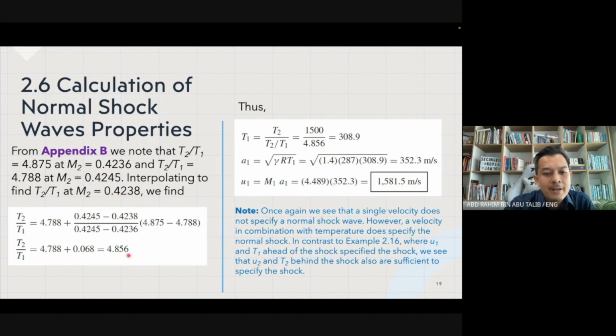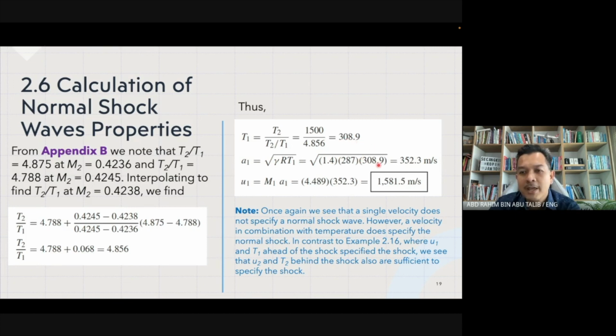We can then find the temperature ratio of this, 4856. Thus, using that value to find the temperature before the shock, T1, we get 308.9 Kelvin.